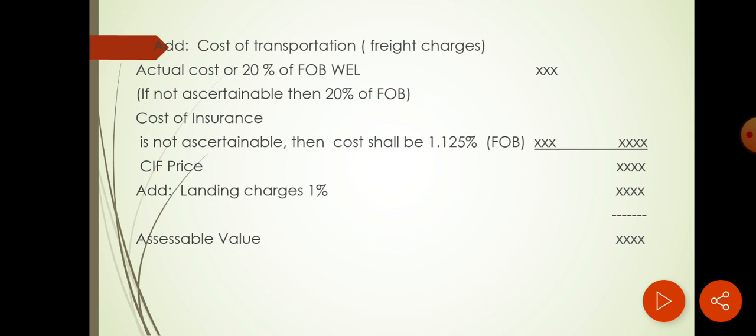The freight charges should not exceed 20% of FOB, so you compare the two and add whichever is less.